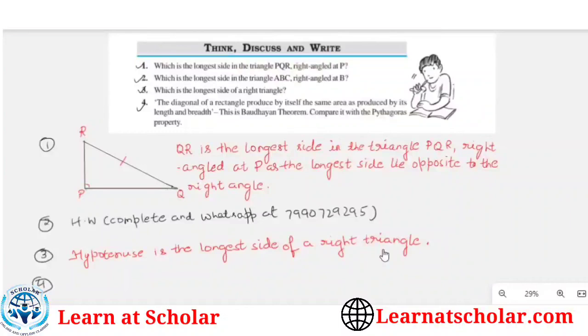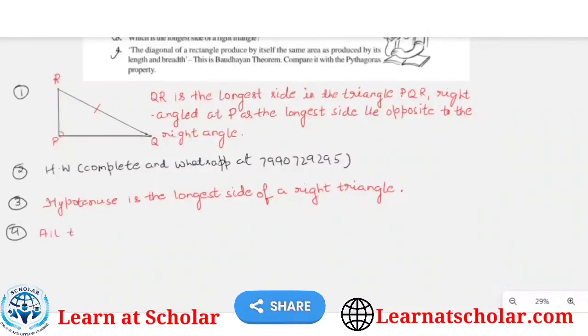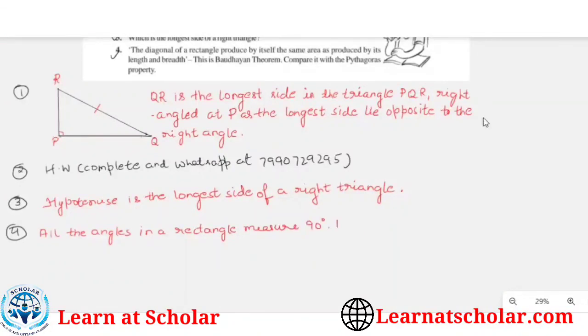Okay. Now the fourth one, the diagonal of a rectangle produced by itself the same area as produced by its length and breadth. This is Budhayan theorem. Compare it with Pythagoras property. We know that all the angles in a rectangle measure 90 degree. So one diagonal in a rectangle make two right angled triangles, right?